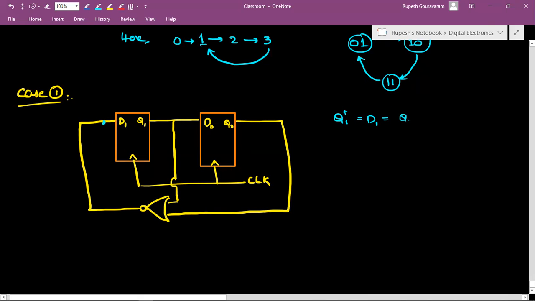That is (Q0 plus Q1) whole bar, which is nothing but Q1 plus. Similarly, what is Q0 plus? Q0 plus is D0, and D0 is Q1. So these two equations are necessary for us to draw the table.